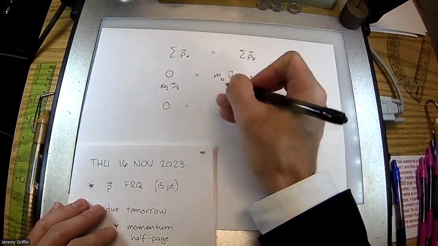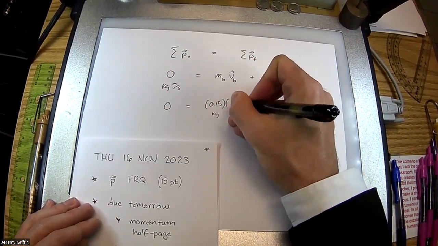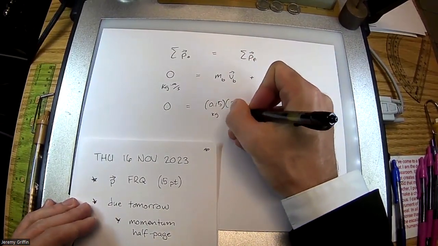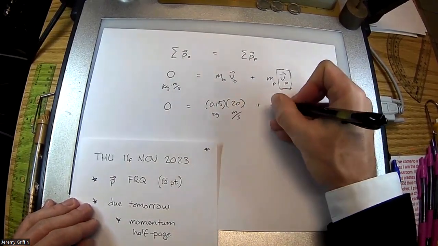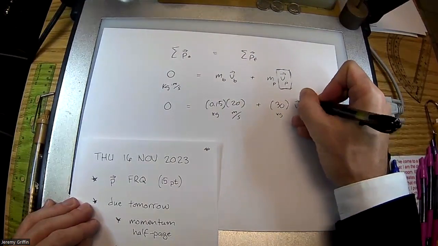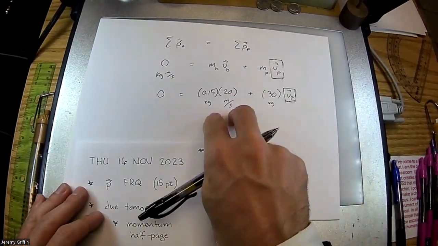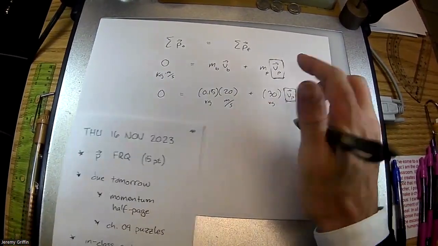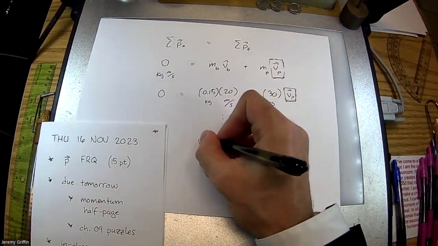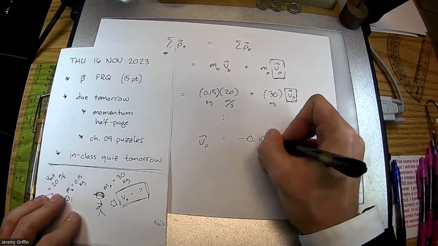So 0 equals 0.15 kilograms going at 20 meters per second, plus the mass I gave her of 30 kilograms times how fast she's headed back towards second base. Subtract this over, divide down the mass, cut through a couple algebra steps, and you should get V pitcher is negative 0.10.